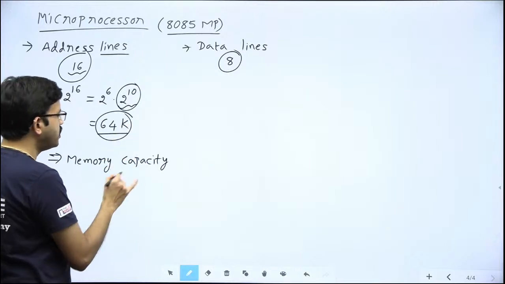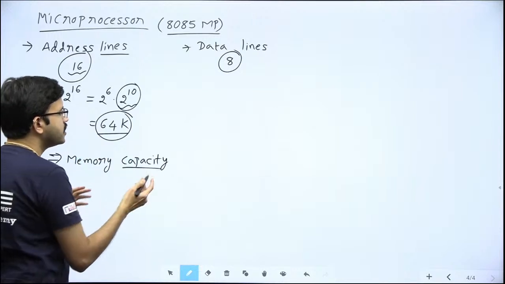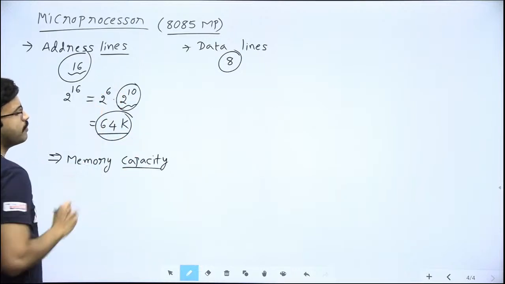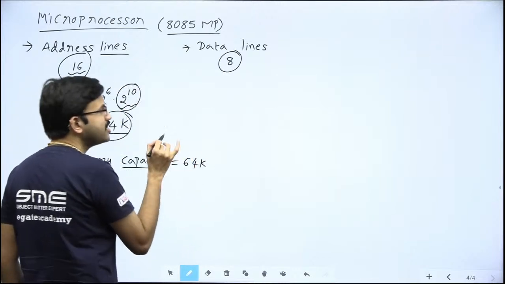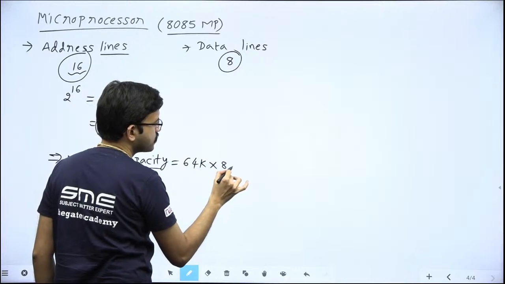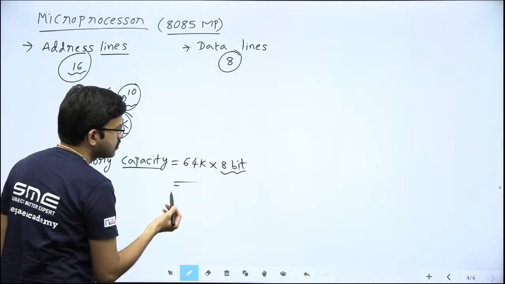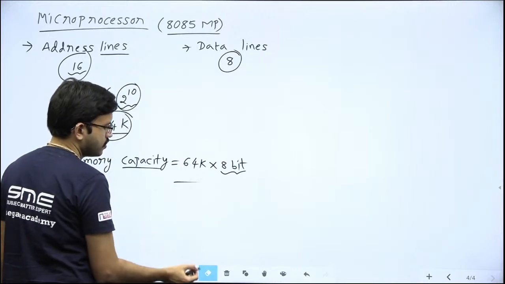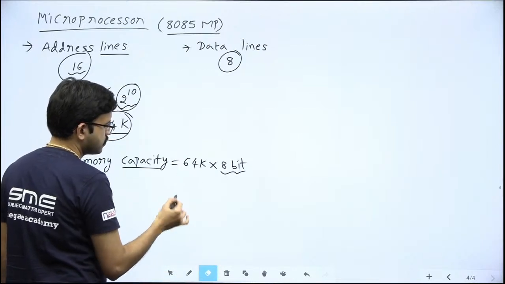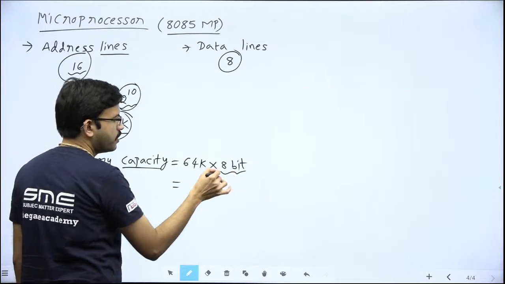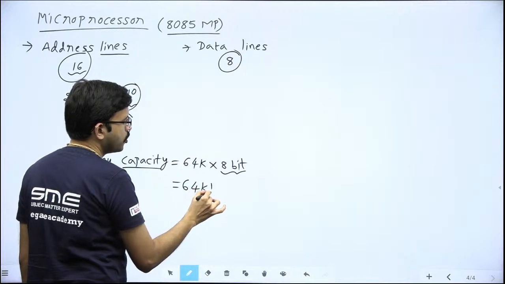Regarding that memory device, I am telling you the maximum capacity that you can interface to the 8085 microprocessor. Here you have 64K locations, and in each location you can store 8-bit data. A group of 8 bits we call a byte. So we can write it as 64 kilobyte.